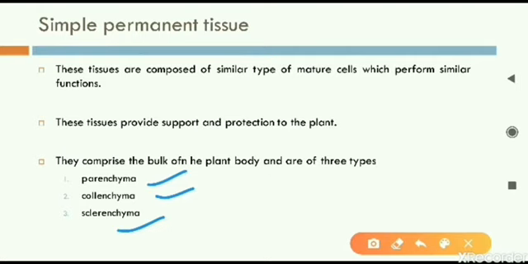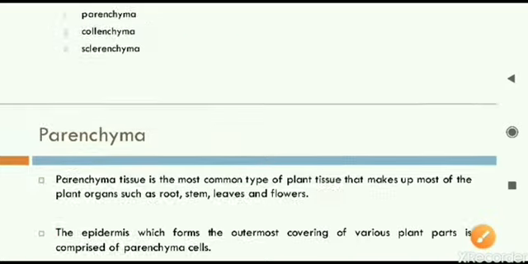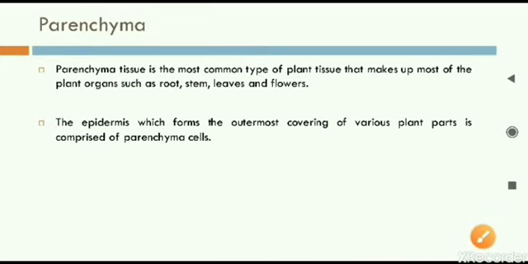The plant tissues are of two types, meristematic and permanent. Then the permanent are of two types: simple permanent and complex permanent. Now we are studying simple permanent, and they are categorized into three subcategories: Parenchyma, Collenchyma and Sclerenchyma. Let us see about them one by one. First one is Parenchyma.